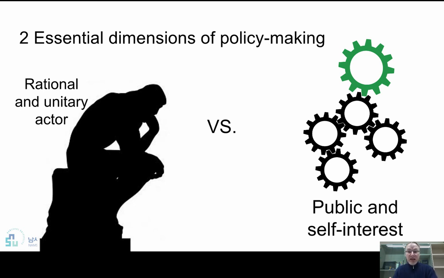And we contrasted that with the way the public interacts with a different type of policy making. So where the public is involved, they have a self-interest and the organization has a self-interest, whether we're talking about an elementary school, a university, or a government agency like the Ministry of Education. They have a self-interest in the organization's perspective, and then the public has a perspective about their own self-interest, and those two things might not align.